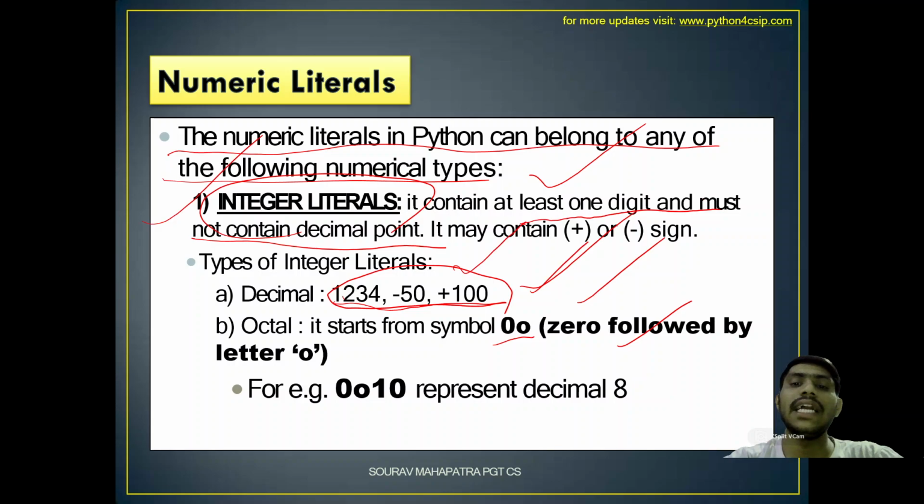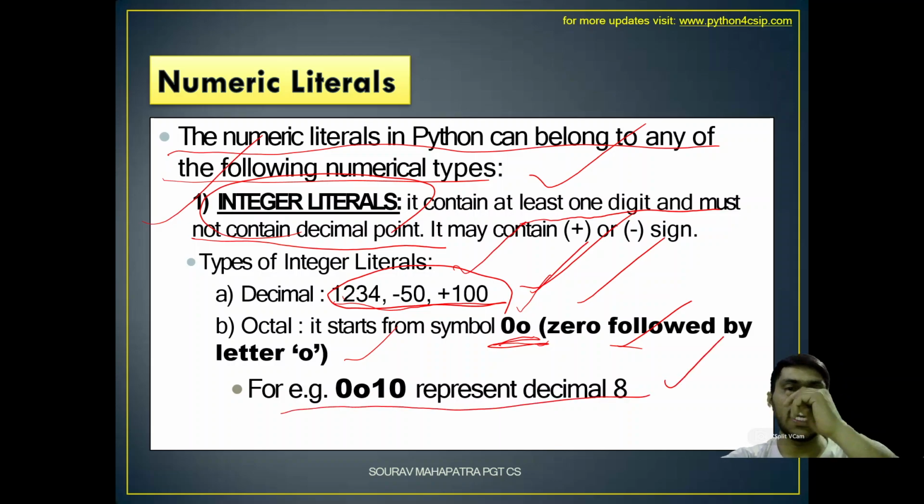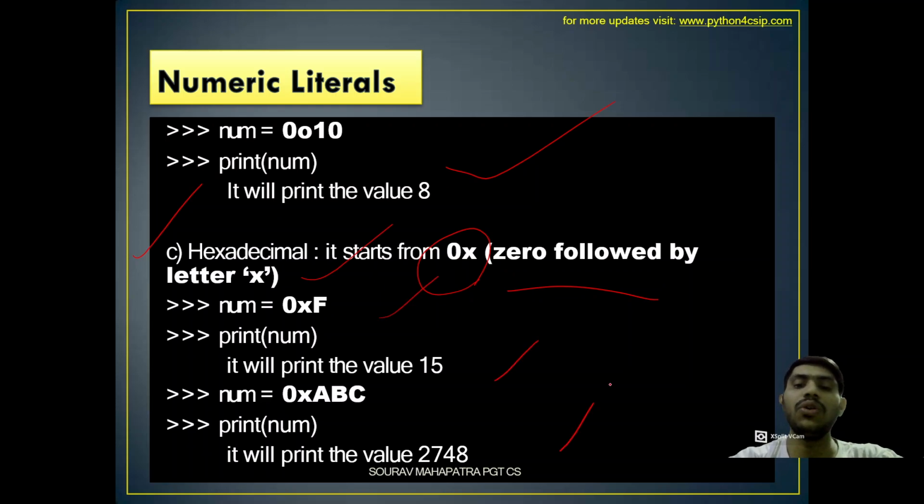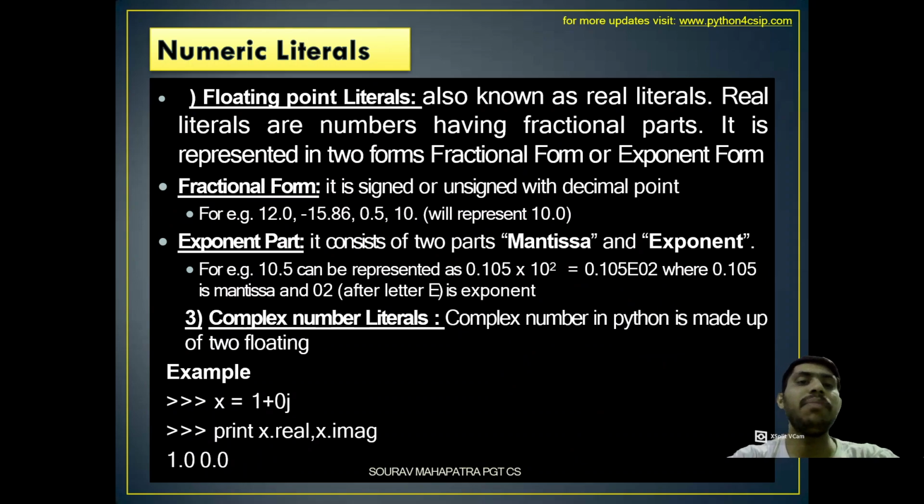In octal, it starts with the symbol 0o, 0 followed by the letter o, then it is an octal numeric literal. Hexadecimal starts with 0x, 0 followed by the letter x, then you know it is a hexadecimal number. So these are the integer literal parts.